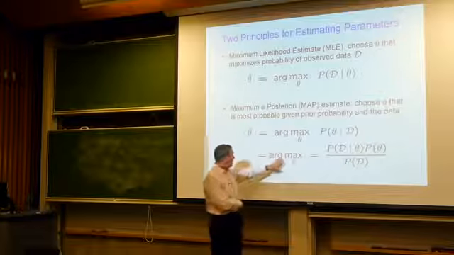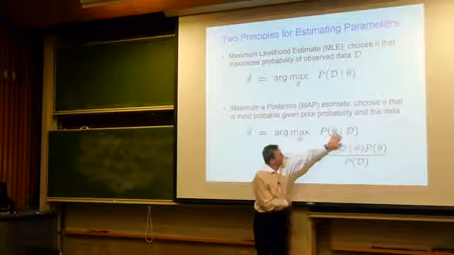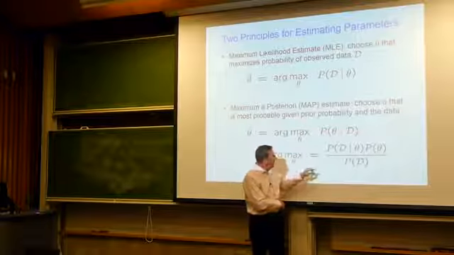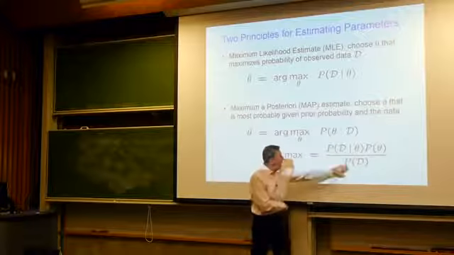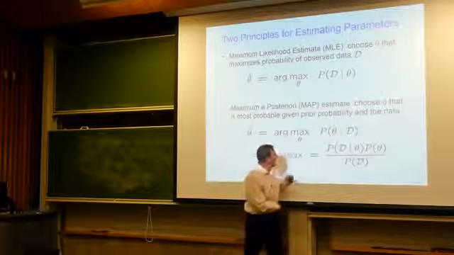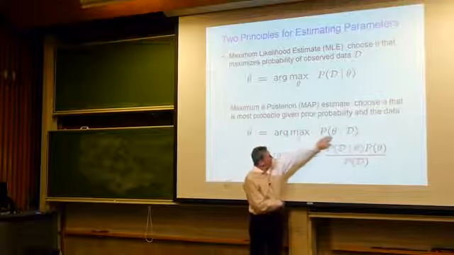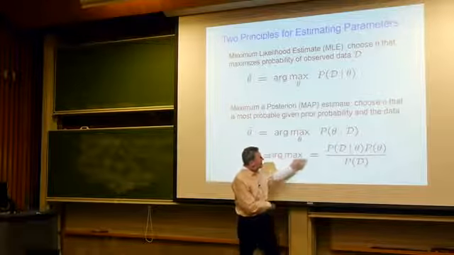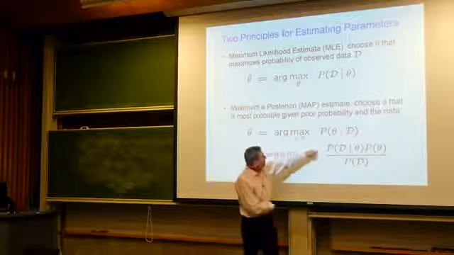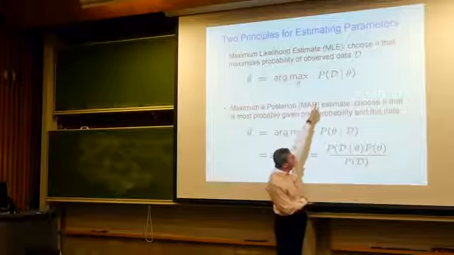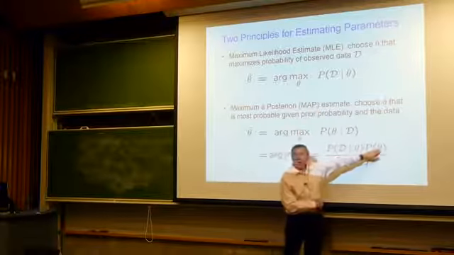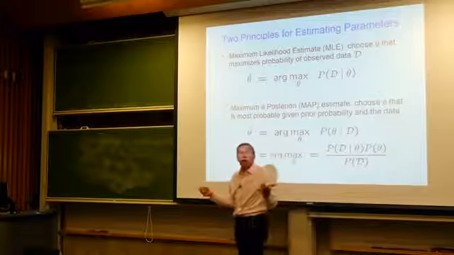And we know by Bayes' rule that this quantity equals this quantity. That's what Bayes' rule says. And if you look at this, you notice that the denominator doesn't really depend on theta, so we can ignore that. So choosing the theta that's most probable is choosing the theta that maximizes the numerator here, which is just like maximum likelihood estimation, except that we also have a prior probability on theta.